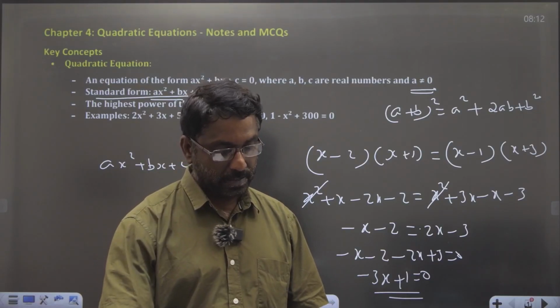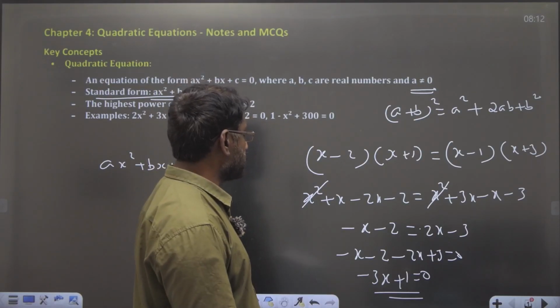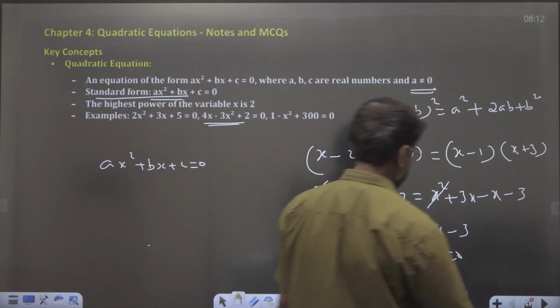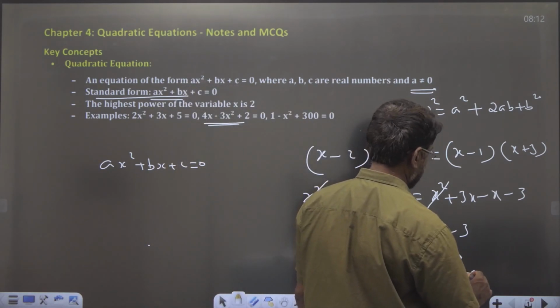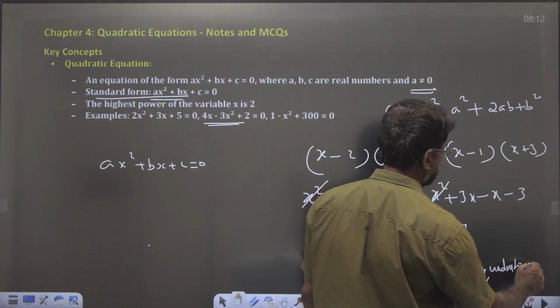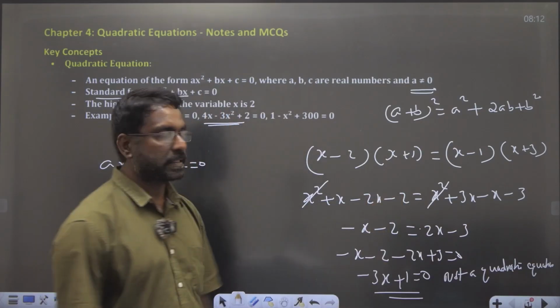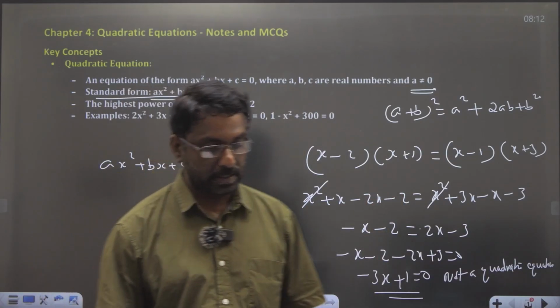That is minus 3x plus 1 equal to 0. It is not a quadratic equation because second degree term is cancelled here.